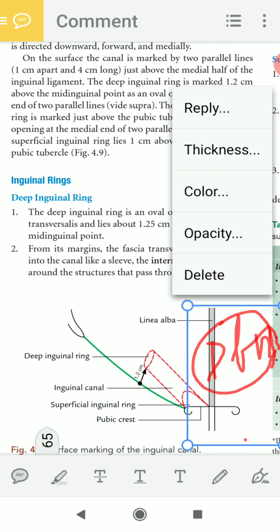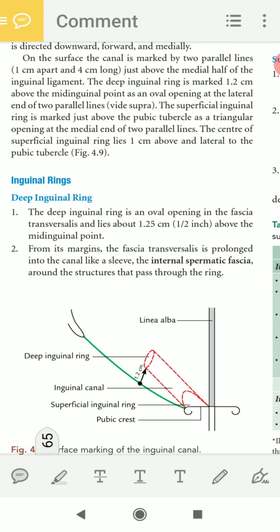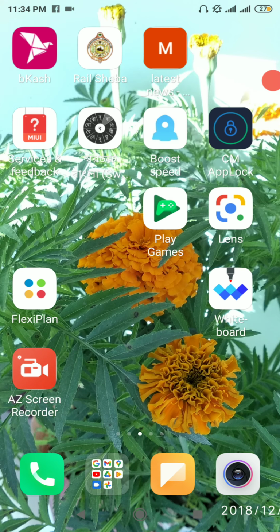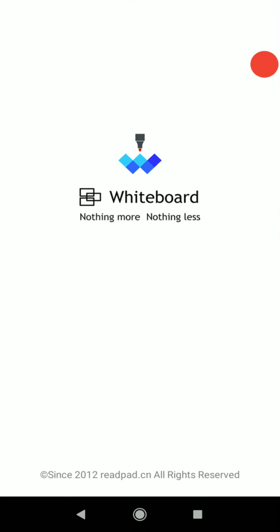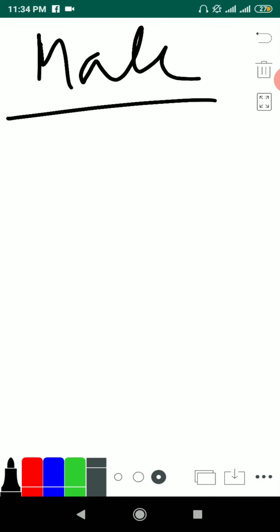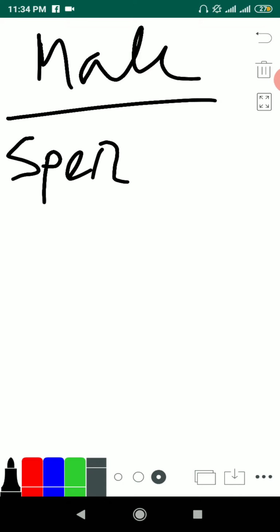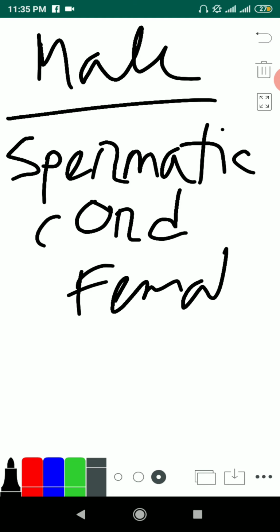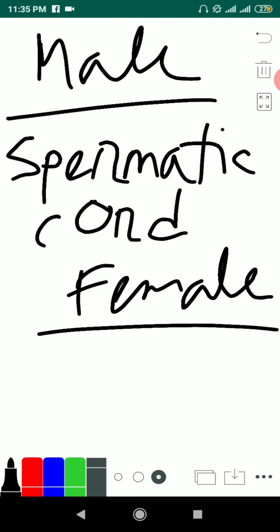Now let's see the content. What is the content of the inguinal canal? The content in male and female is different. In case of male, the content of inguinal canal is the spermatic cord. Later we will know details about the spermatic cord. And in case of female, the main content is the round ligament.